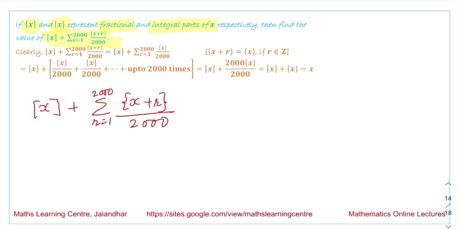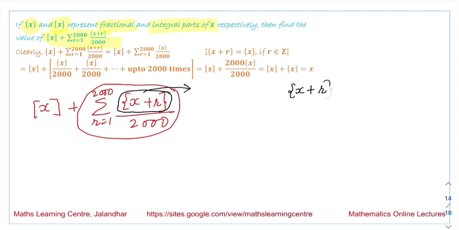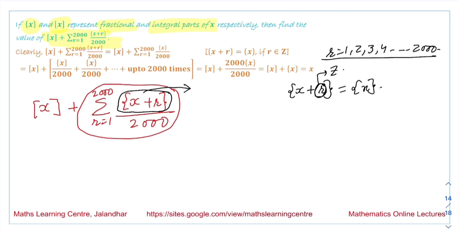So to calculate this value, we are talking about this term over here. What we can see from this term is, if we look at the fractional part of x plus r, r is an integer, because the values of r are 1, 2, 3, 4, and so on up to 2000. So if r takes these integer values or natural numbers, this is equal to the fractional part of x.